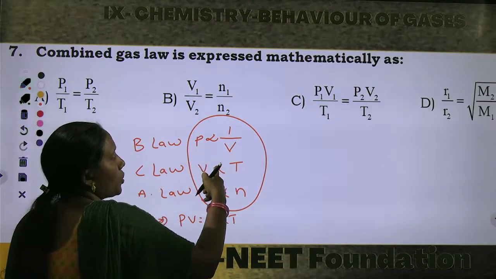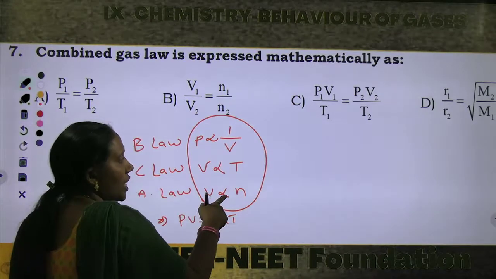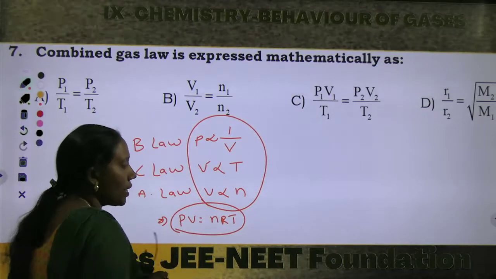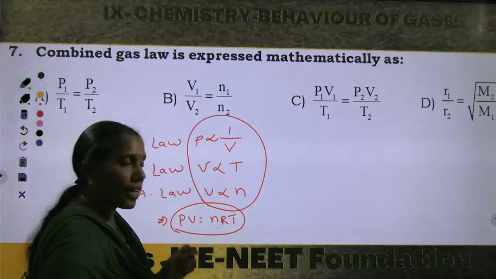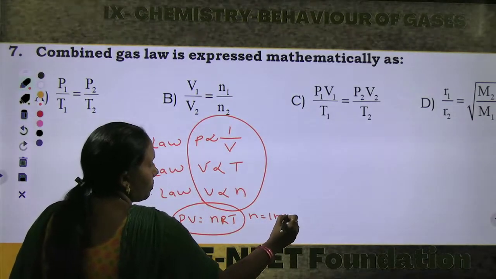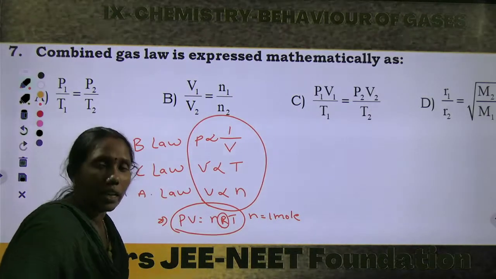Because P is proportional to 1/V, V is proportional to T, and V is directly proportional to n. Based on this we can conclude the combined gas law as PV equals nRT, which is also known as the ideal gas equation. Here, if you take n equals 1 mole, and R is called the universal gas constant, which has different values in different units.